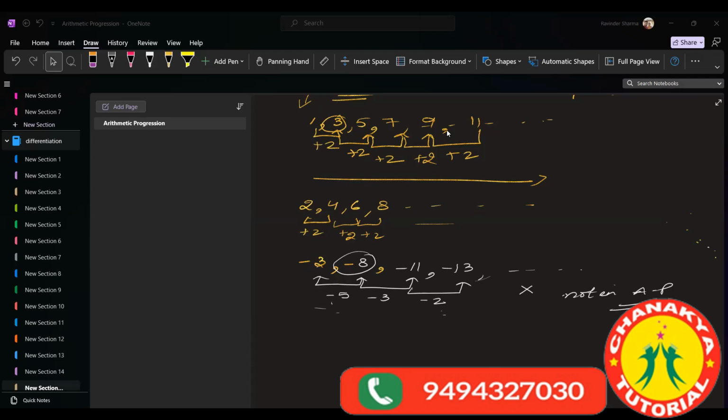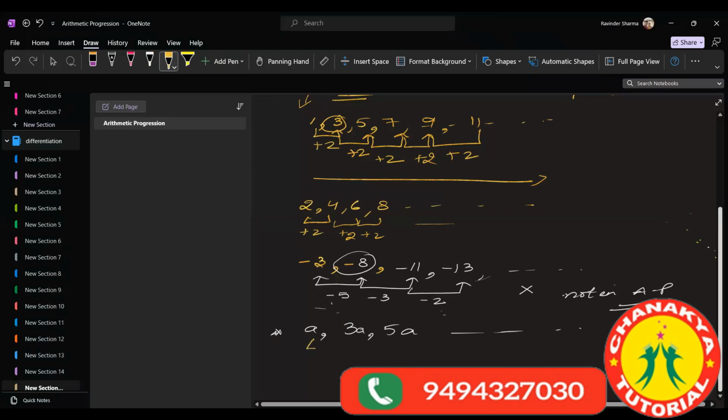Okay. Suppose we have a series given like this: A, 2A, 3A, 5A, and so on, and you have to check whether the given series is an AP or not. So how will you check? You will just check their common differences. See, the common difference between the first and second term is A, because when you add A to A, you get 2A. When you add A to 2A, you get 3A.